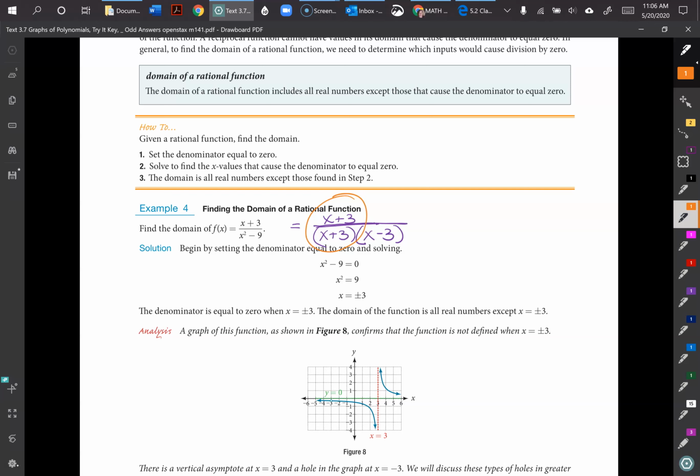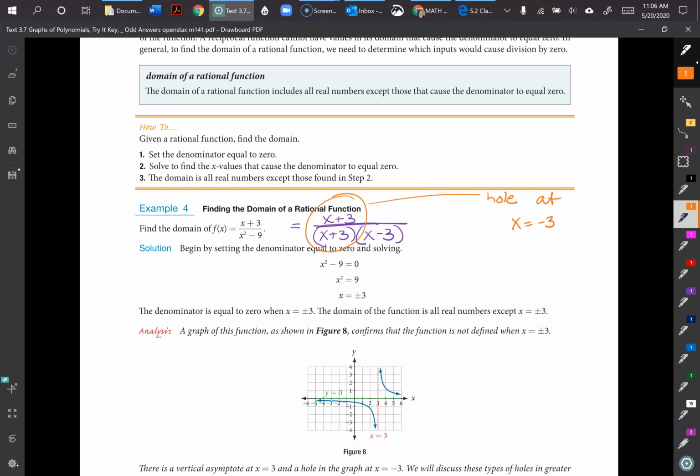Anytime I have 0 over 0, that will be called a hole, or they have a fancy name for that, also like a discontinuity, but a hole at x equals negative 3, and you would have to plug that value in to find the corresponding y value for that.